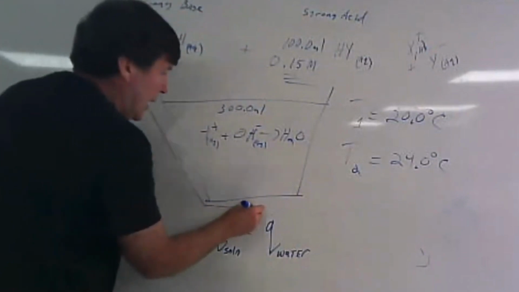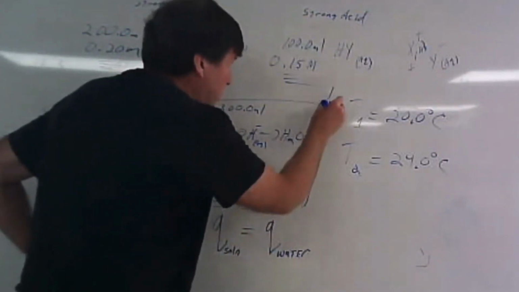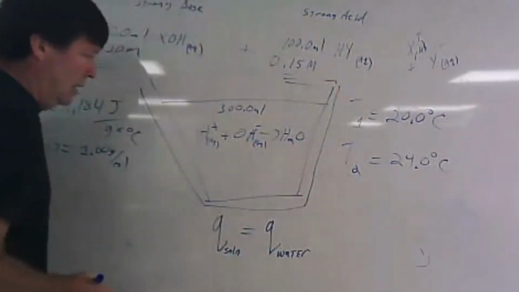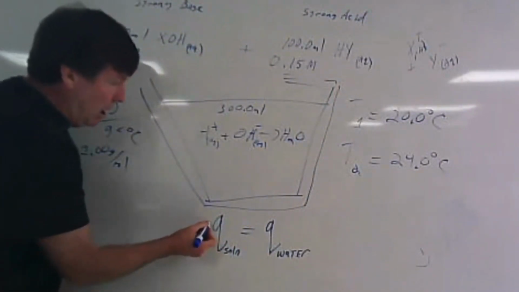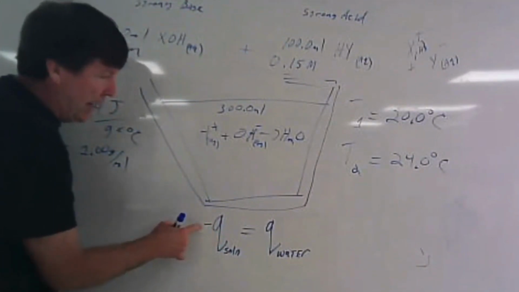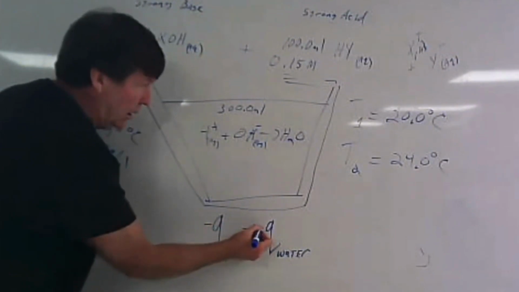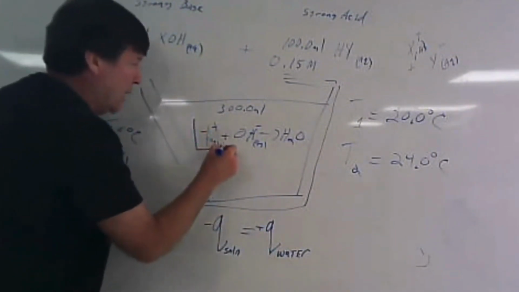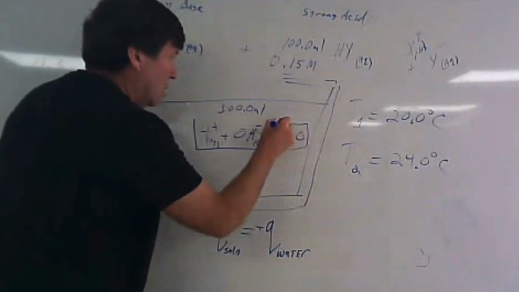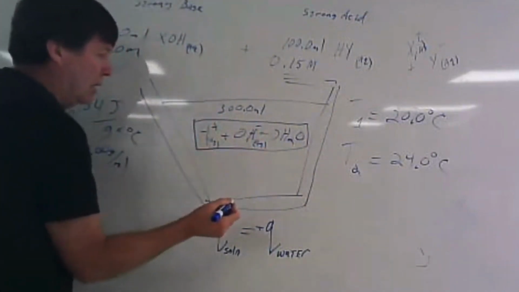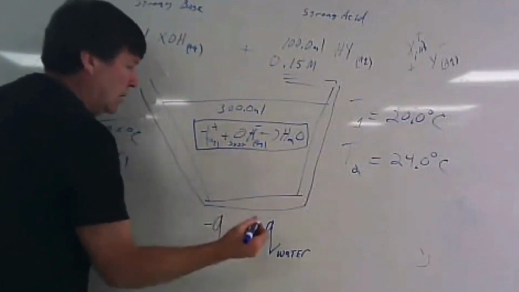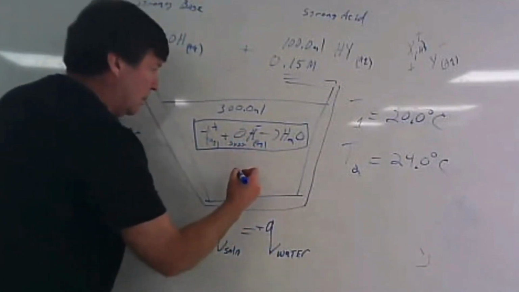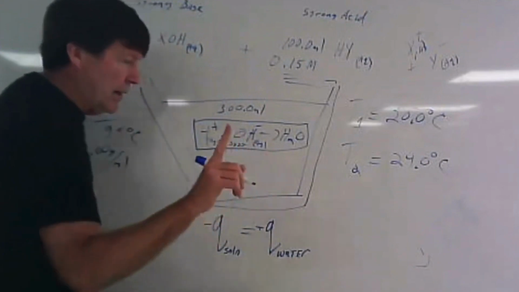This is a coffee cup calorimeter. And notice, whatever is lost by the solution, negative for the solution, has to be gained by the water. The chemicals are going to be the system. The water is going to be the solution. Oh, sorry, that didn't come out right.